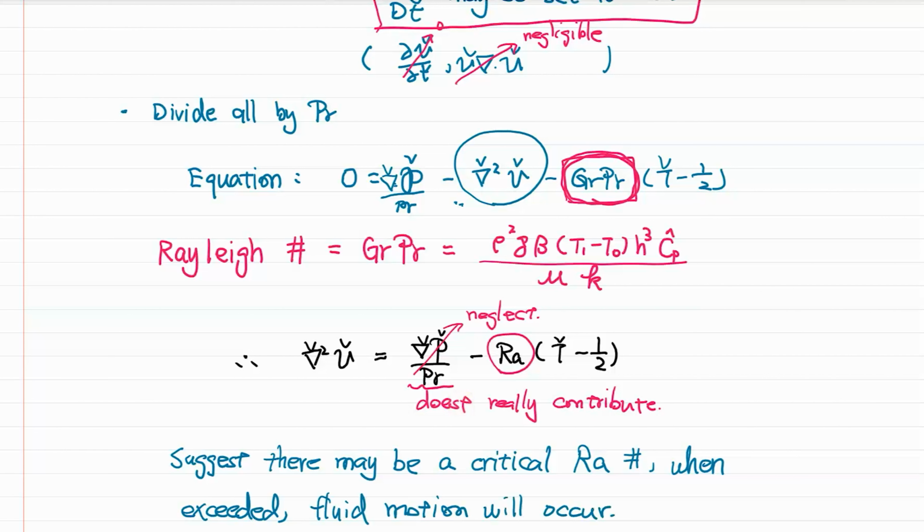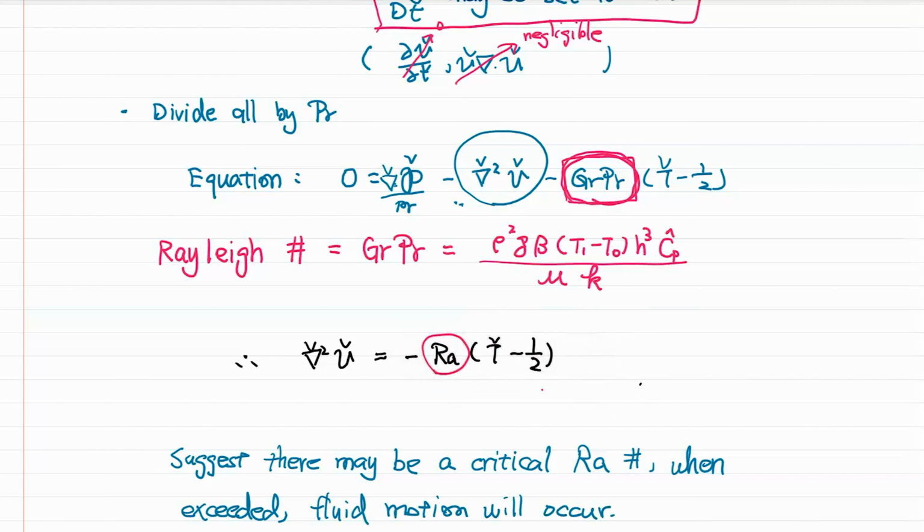So if we erase this part, you can see that the velocity distribution would be depending on the Rayleigh number.